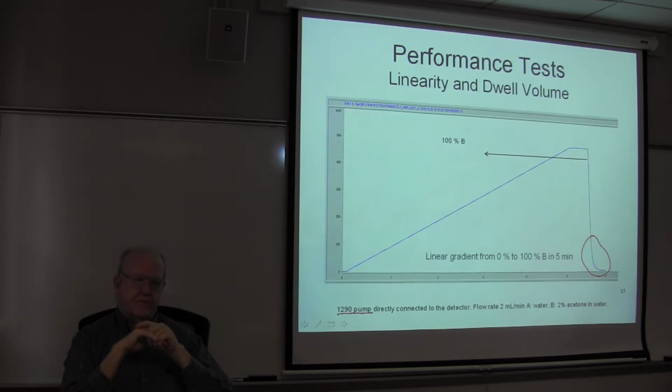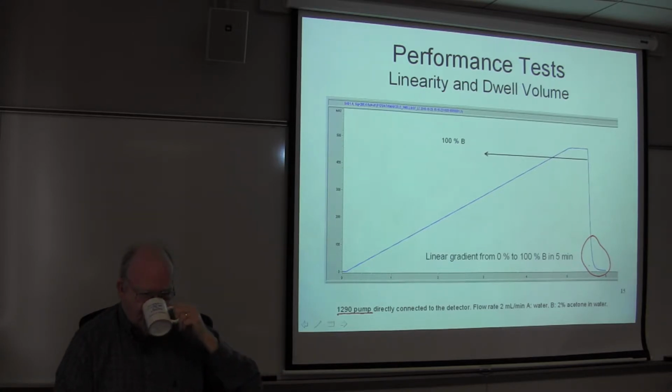It will perform quicker and somewhat more reproducibly. And this time can actually be a significant fraction of your analysis time if you're doing fast analyses, especially if you're working at a low flow rate, which takes longer to flush that volume out.